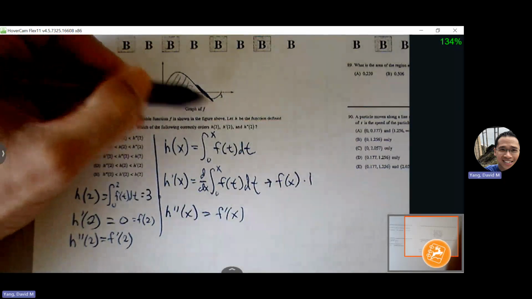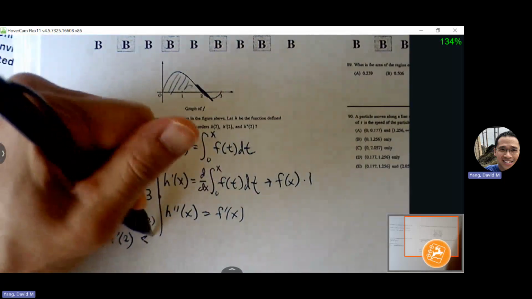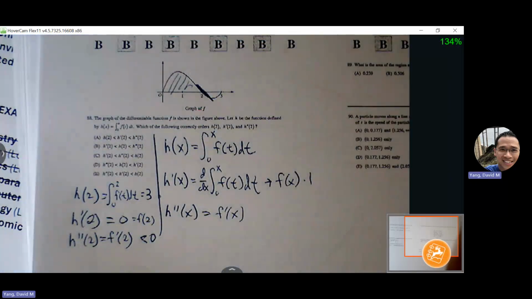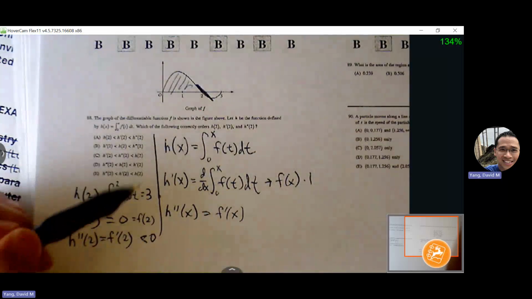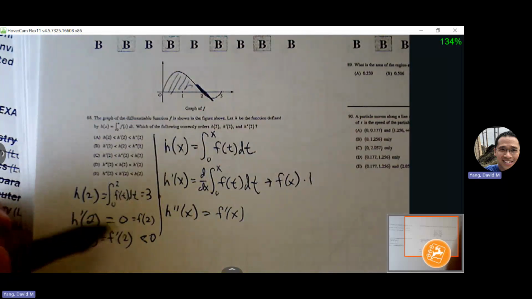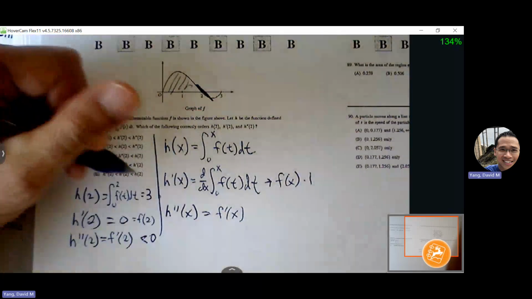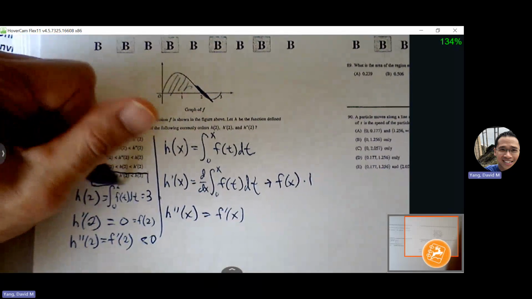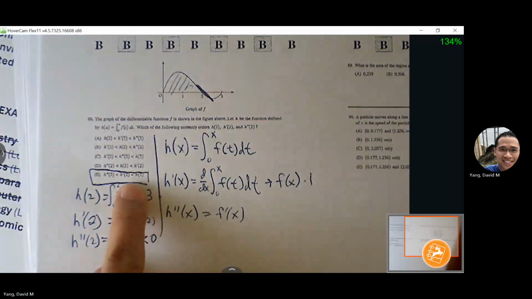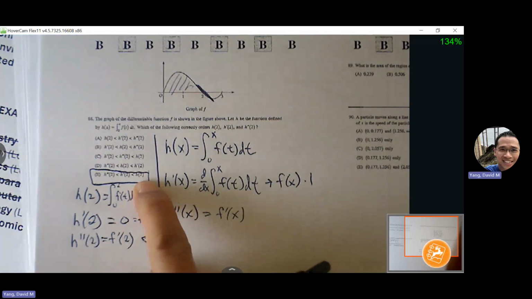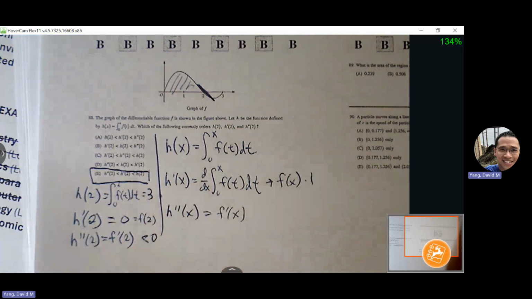F prime is slope, so the slope at 2 is definitely negative. So you're comparing 3 with 0 with a negative, put them in ascending order, option choice E. Second derivative is going to be the negative value, the ordered pair is going to be the 0, and then the area is going to be positive.